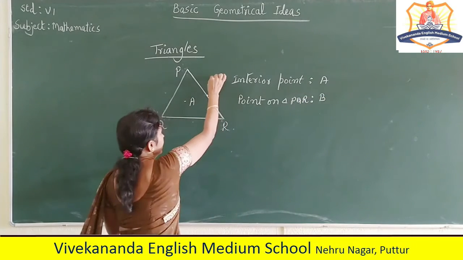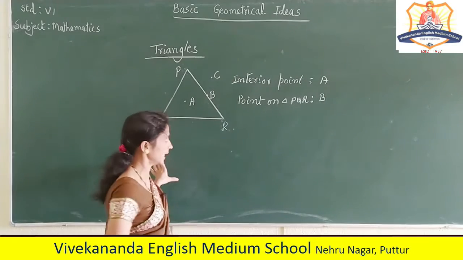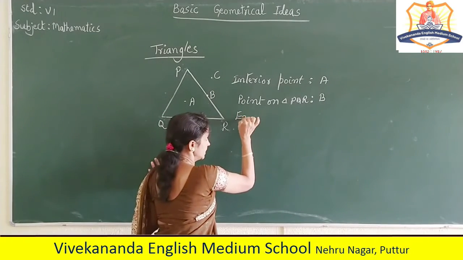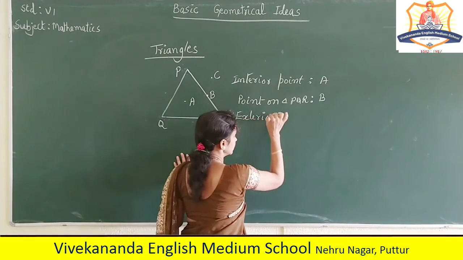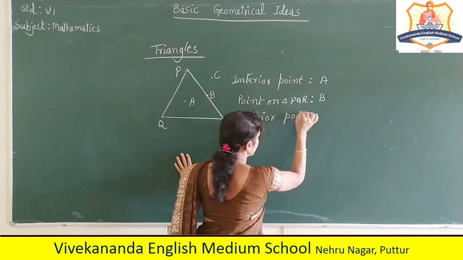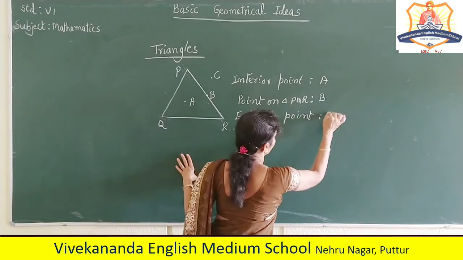And if there is a point which is outside the triangle, then we call it an exterior point. So the exterior point here is C.